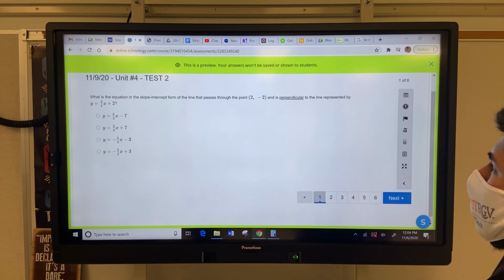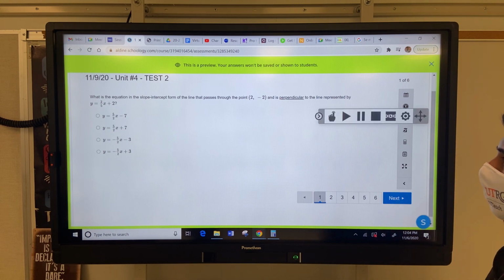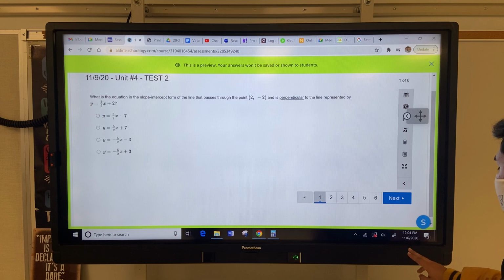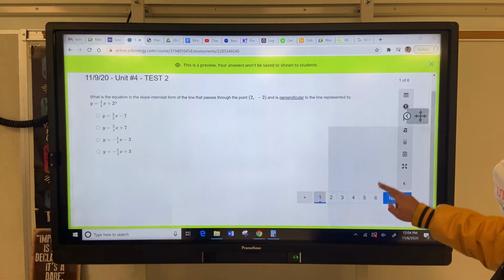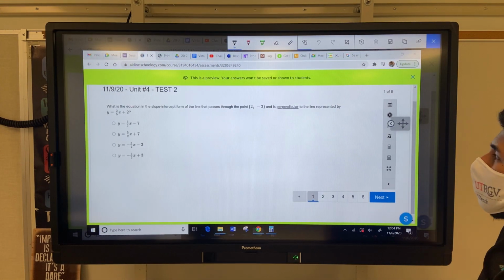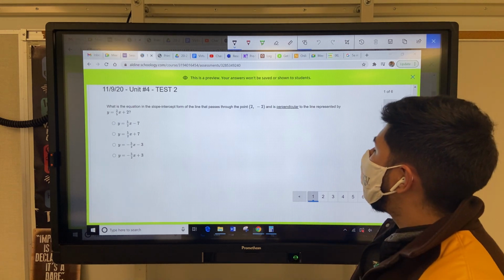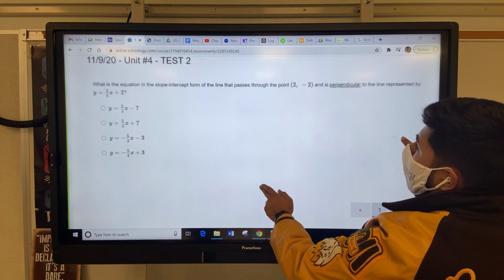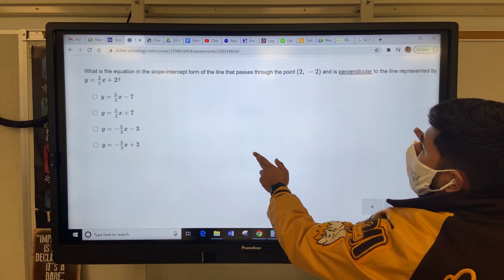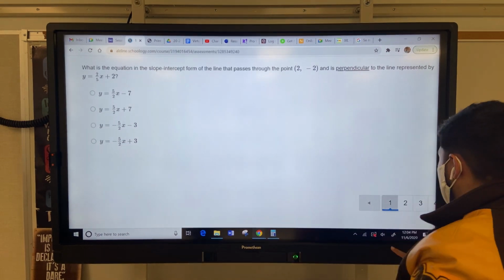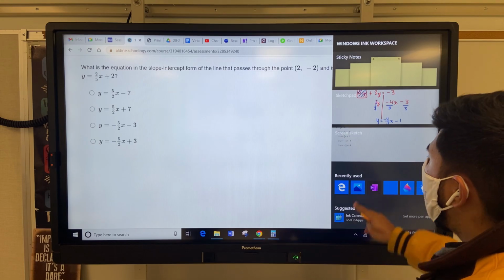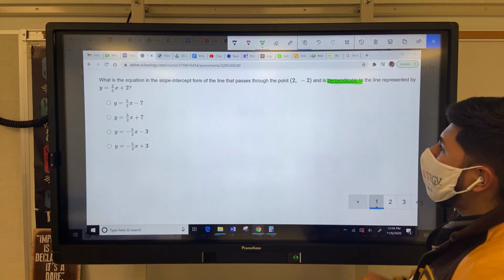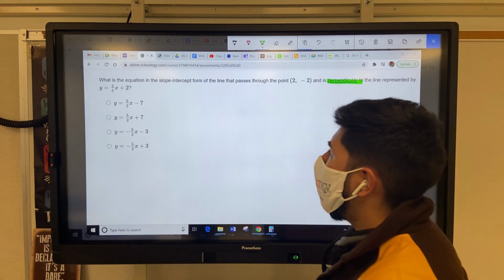Okay, let's see how this test looks. What is the equation in slope-intercept form of the line that passes through 2 and -2 and is perpendicular? Let me zoom in a little bit. Remember, we did this maybe last week or the week before on parallel and perpendicular. Because it's perpendicular, I have to do something to the slope.